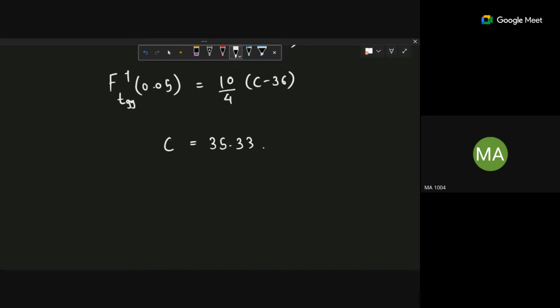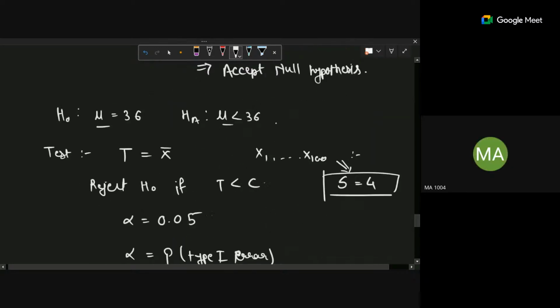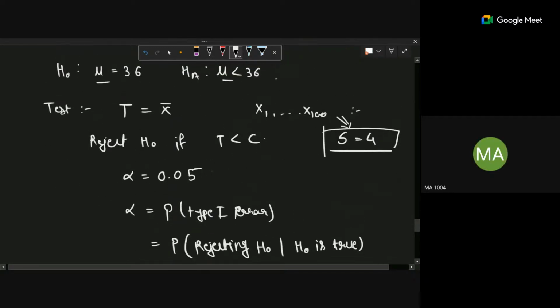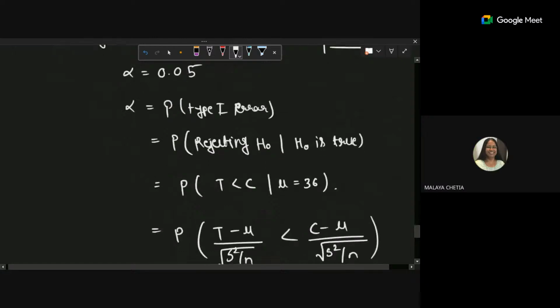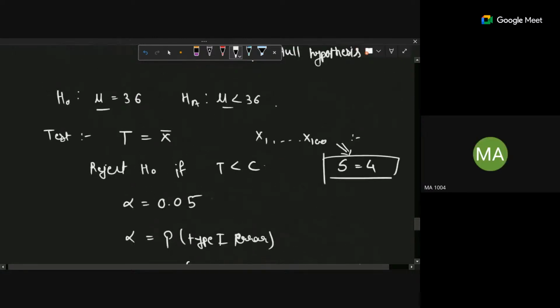And once we got the value of c, then what to do? We'll compare it to the sample mean. Was anything given about the sample mean? Yes, so revisit the question. X bar was given as 36.4, right?